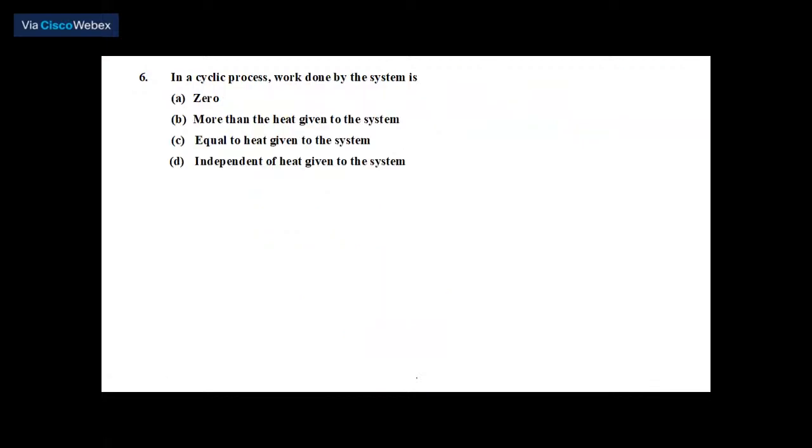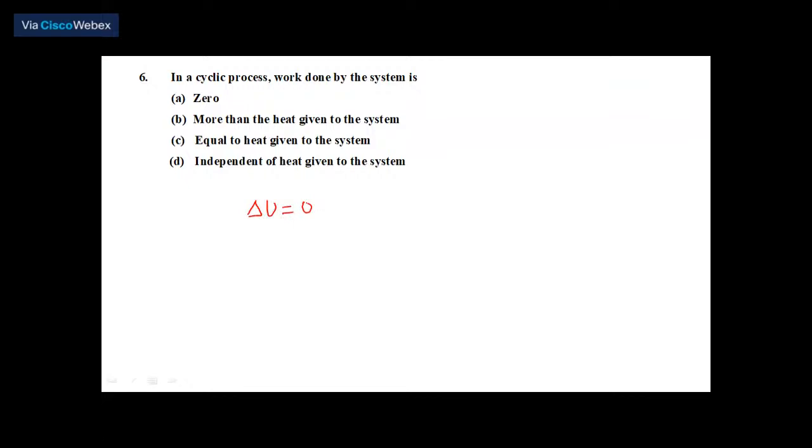In a cyclic process, work done by the system is: 0, more than heat given, equal to heat given to the system, or independent of heat given to the system. In a cyclic process, the system returns to the original state. Since the system returns to the original state, the change in internal energy must be equal to 0.